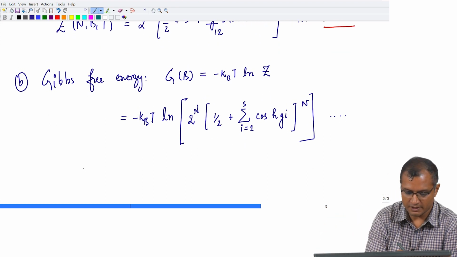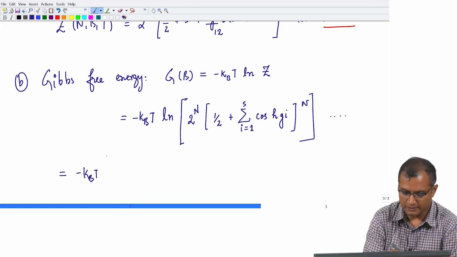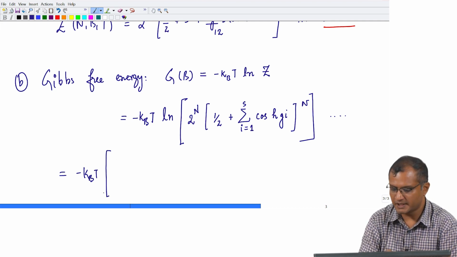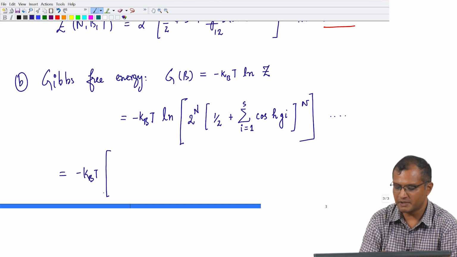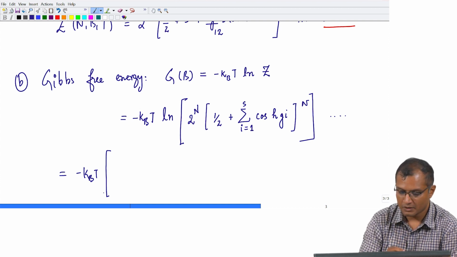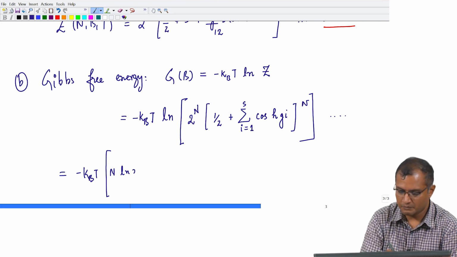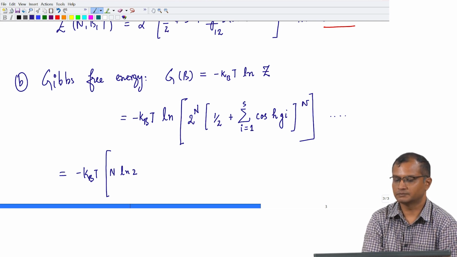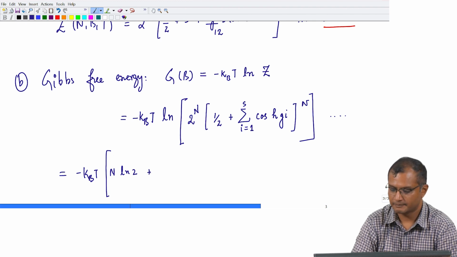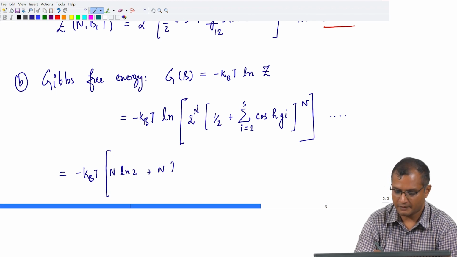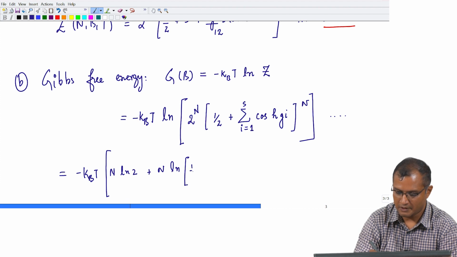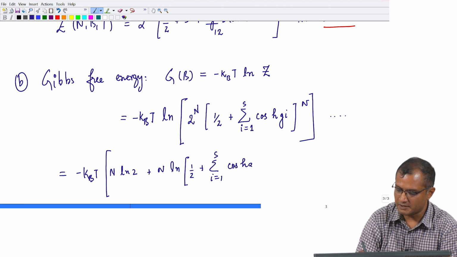What you can do here is nothing but minus kT, and you can simply take ln of A into B as ln A plus ln B. So what you get here is just n ln 2 plus n ln half plus summation i going from 1 to s cosine hyperbolic g i.